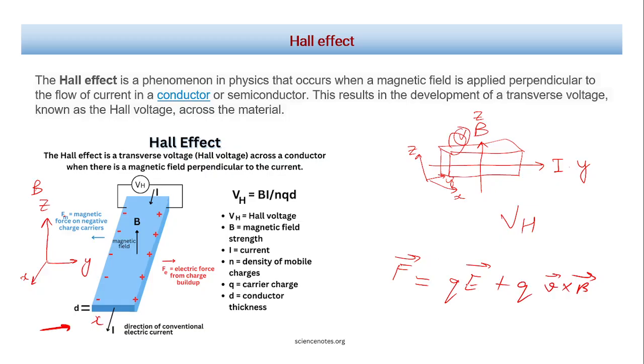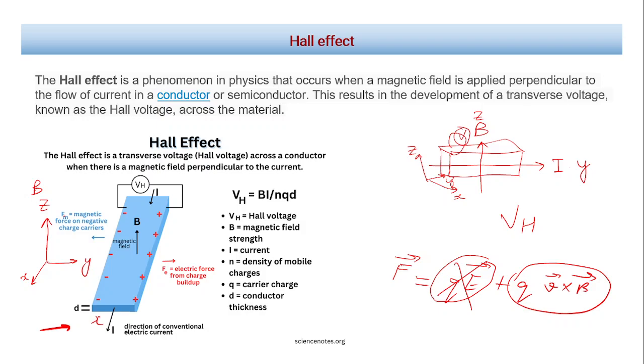If the charged particle with charge Q is in a region where there is an electric field, then it will experience QE force on it. If there is only a magnetic field, then it will experience a force, because it's the cross product of its velocity and the strength of the magnetic field.